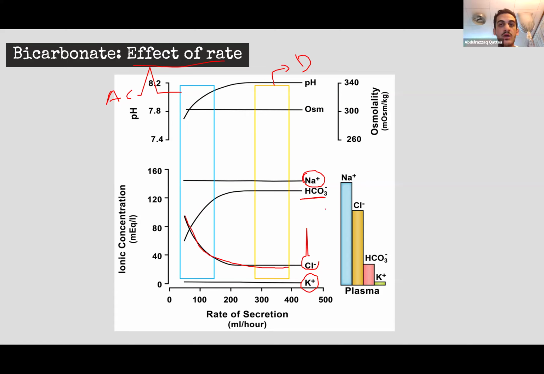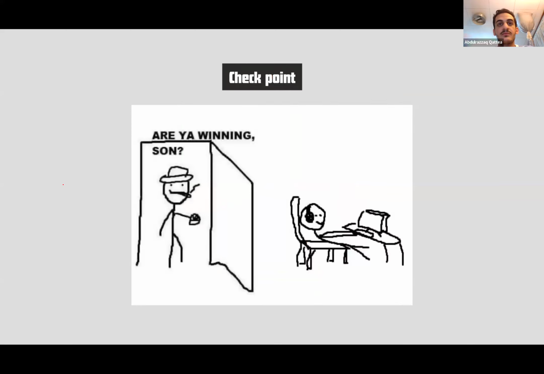So when you look again at the bicarbonate, you will see that it's becoming higher and higher. At the same time, the pH is getting higher and higher, leaning to the basic pH. So rather than memorizing, just try to understand this concept. Okay, guys. This is a checkpoint. Do you have any question for anything previously? Or should we move on?